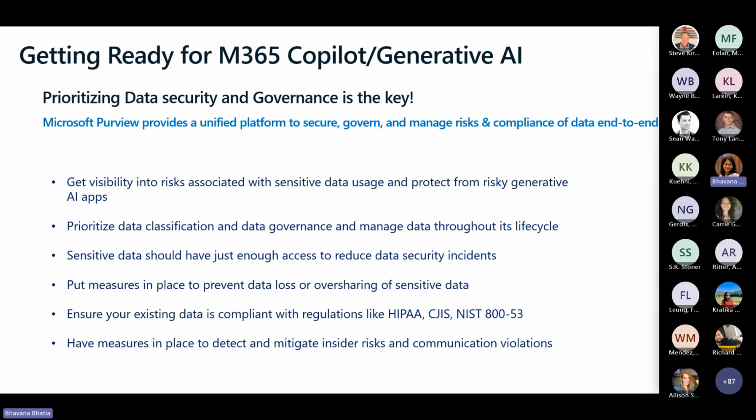This will drastically reduce any potential data security incidents due to Microsoft 365 Copilot. Also, it is important to ensure that your existing data is compliant with various regulations like HIPAA or NIST 800-53 or CJIS, when your generative AI is also dealing with already compliant data. Also, organizations can have measures in place to detect and mitigate any insider risks or communication related violations that can help in their AI journey as well.